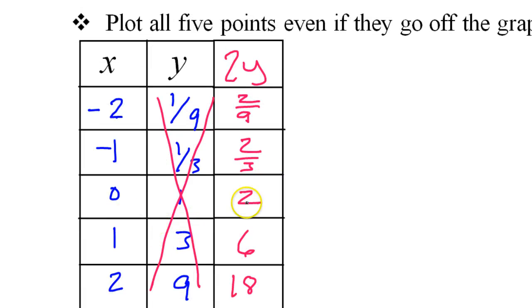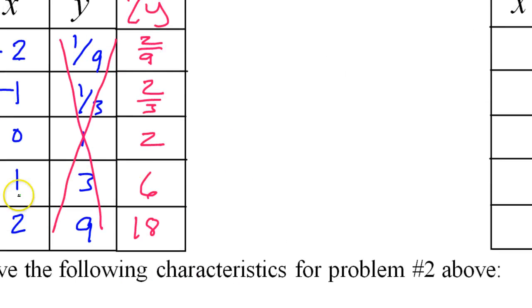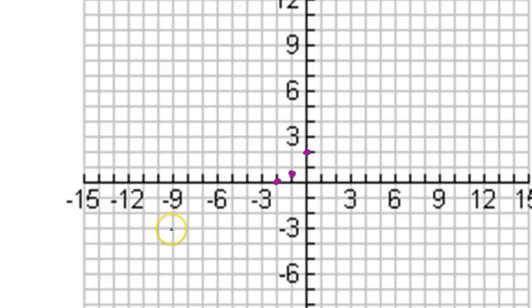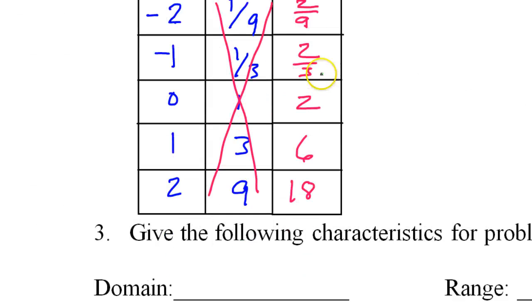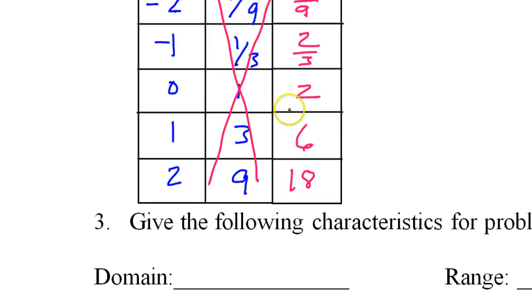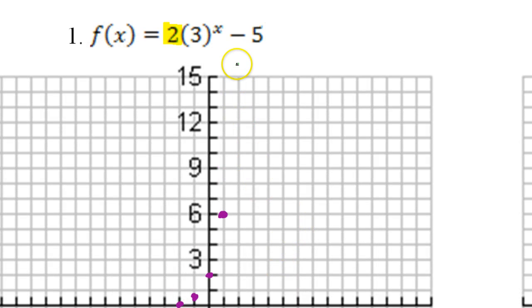And then we have 0, 2, which will be here. 1, 6. And then we'll have 2, 18. Now 2, 18 is going to be a little bit off the graph, but we're going to graph it anyway. So 16, 17, 18, it'd be just about here.